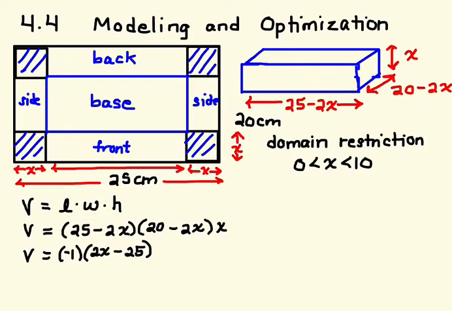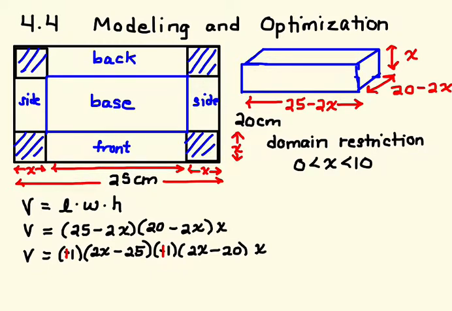Do you follow what I'm saying? And I'm going to factor a -1 out of the next binomial, which makes it 2x minus 20, and this is times x. So a negative times a negative is a positive, right? So these two cancel out, and I don't have to worry about them anymore.